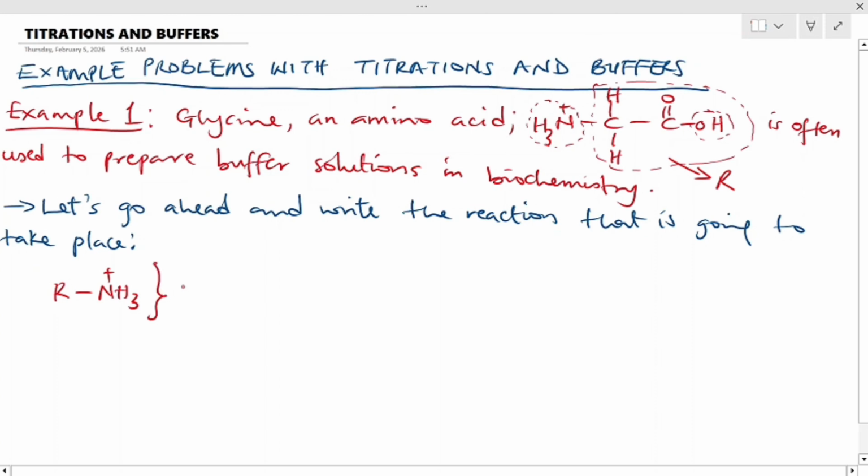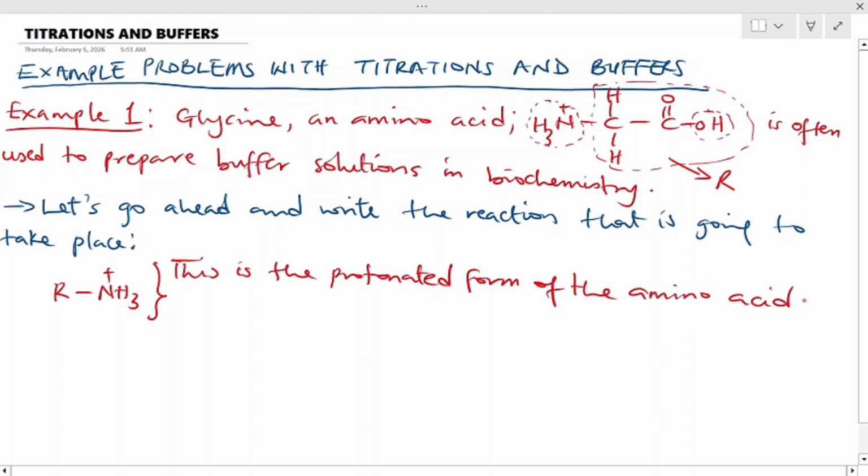As it is, this is the protonated form of the amino acid glycine.